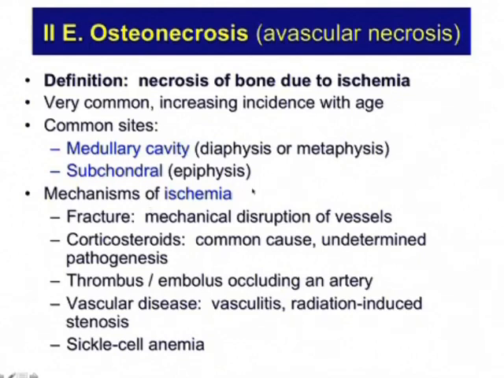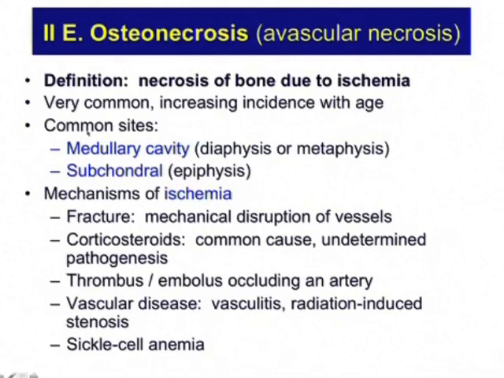Fracture, which we talked about, corticosteroids, due to some unknown mechanism, can predispose you to getting avascular necrosis. So a lot of your hospitalized patients, when they're on IV corticosteroids long term, will be predisposed to getting this. And the patient's going to present with sudden onset of usually hip pain.